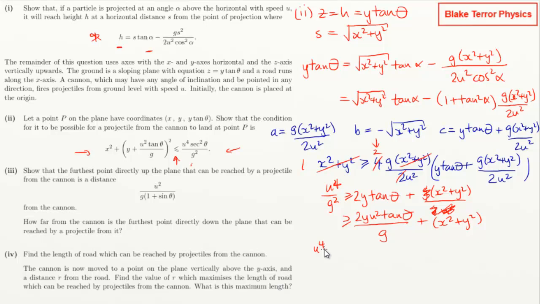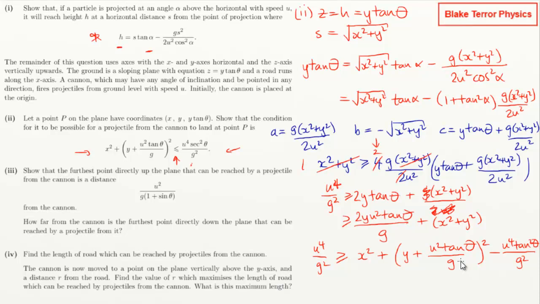So u to the 4 over g squared is greater than or equal to x squared plus, and then complete the square on y, so that's y plus u squared tan theta over g, squared, and then take off u to the 4 tan squared theta over g squared.